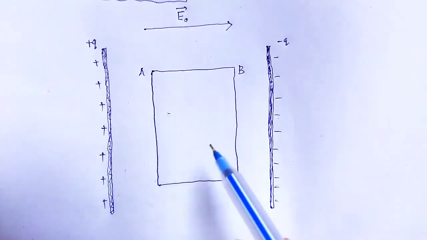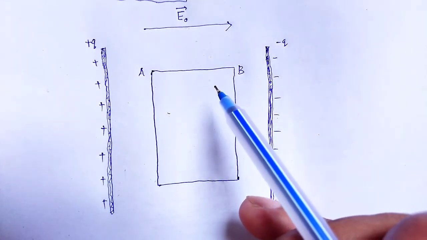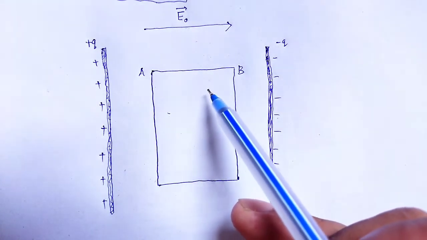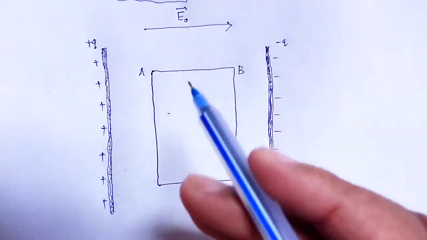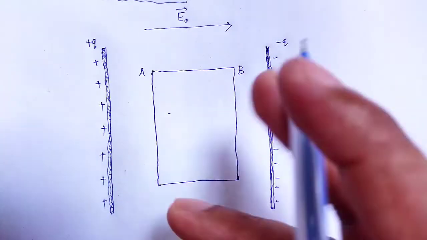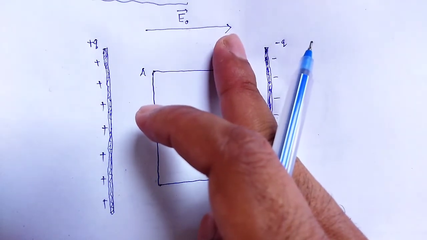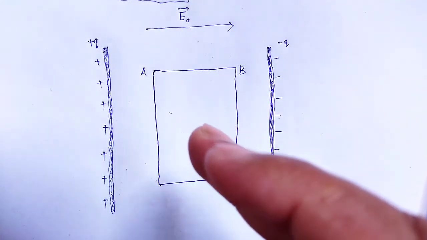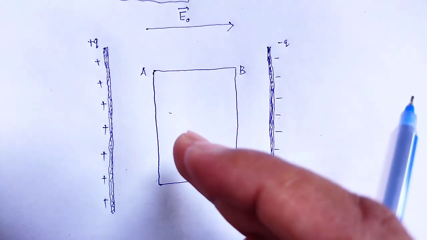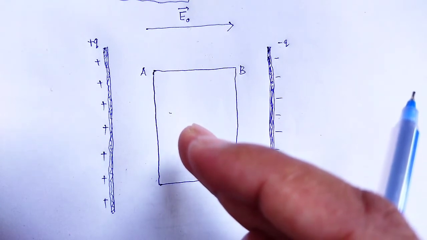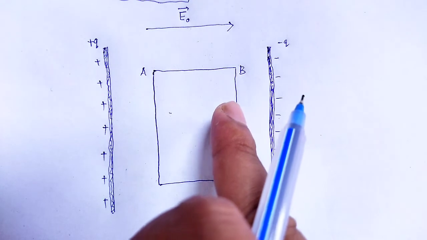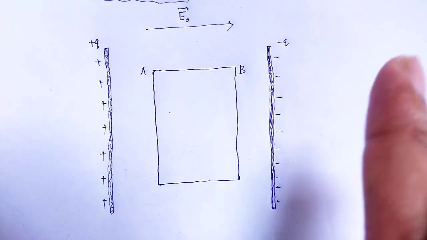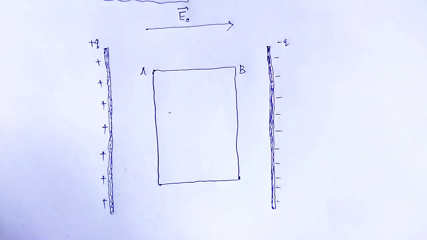There are equal amounts of positive and negative charges, but due to the presence of the electric field, the centers of gravity of positive and negative charges are shifted: positive charges in the direction of the electric field and negative charges opposite to the electric field. In the case of non-polar molecules, that happens.